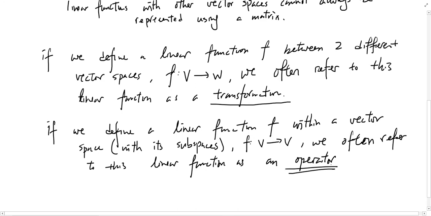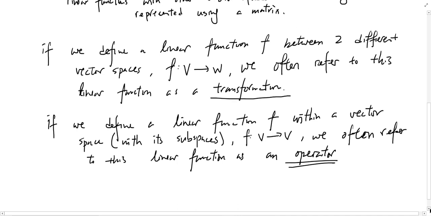Whenever we do an operation, we basically combine elements of the same group to form another element within the group for the most part. So when we do that with a linear function between a vector space and itself, we simply call it an operator, because we're operating on elements within one vector space, so they go back into the same vector space.